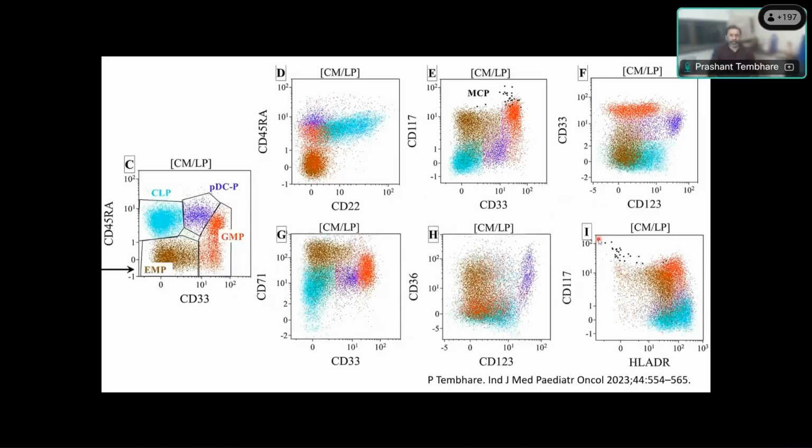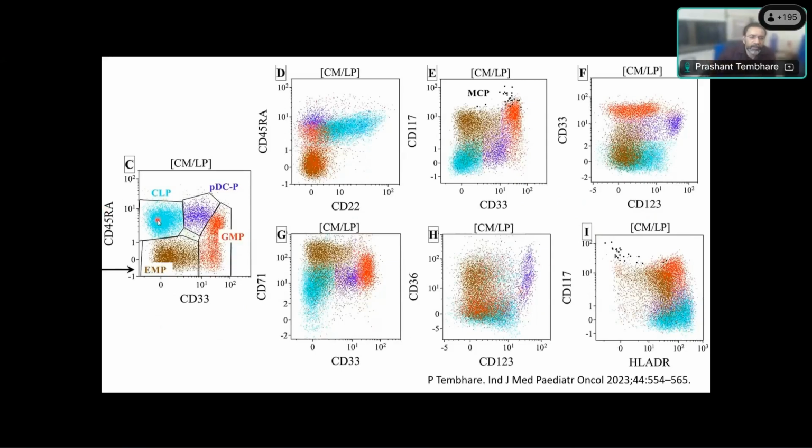Now, remember this color to track the different antigen expression patterns. This is a little complex, and you need a lot of experience to understand. You have to look at these dot plots repeatedly for months or years, but you have to focus and use the color to track this population.